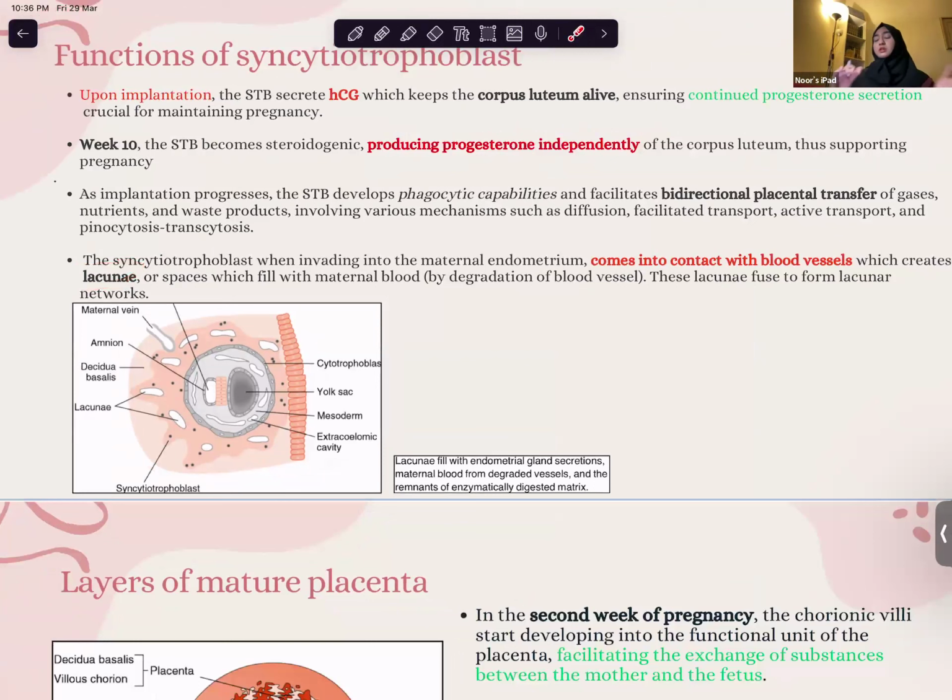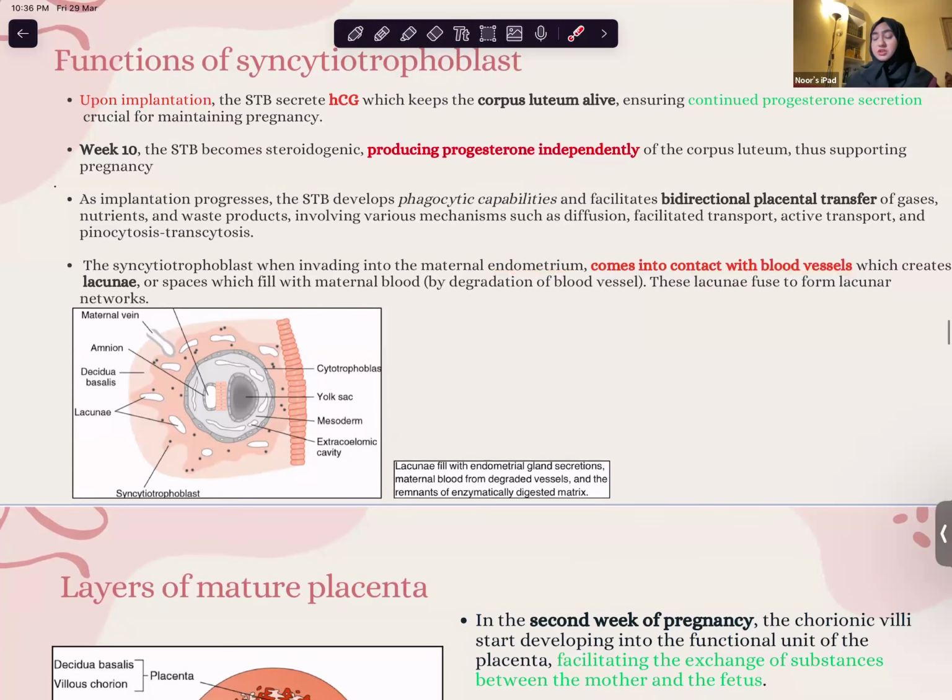So when the syncytial trophoblast invades the maternal endometrium, it comes in contact with a blood vessel, which creates lacunae. Lacunae are spaces filled with maternal blood. Remember how the maternal vein was cut here when it was trying to phagocytose? That forms the lacunae, which is the degradation of the blood vessel.